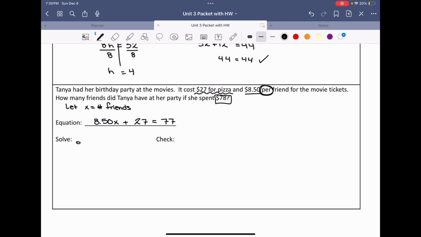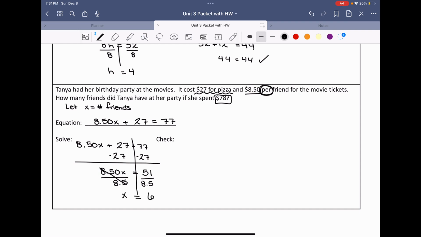And now let's solve. You should get 8.50x equals 51, and divide by 8.5 on both sides. They cancel out. X equals a total of 6.